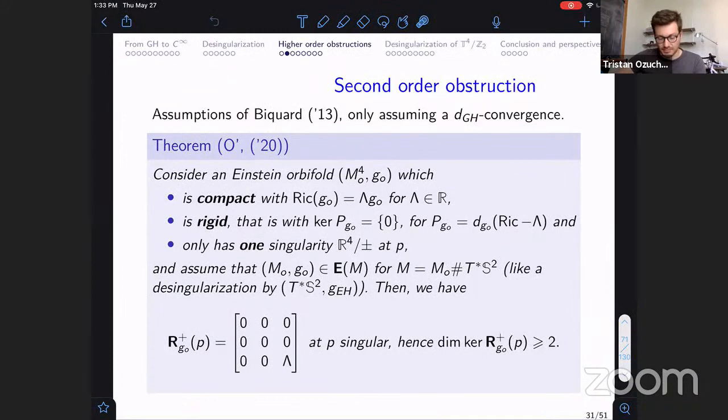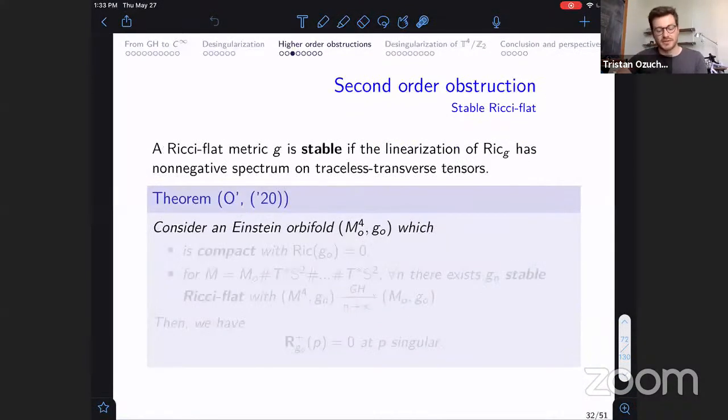Okay, so that's under these assumptions. And if I look at another type of desingularizations, by Ricci-flat and stable metrics, I have a bit of a stronger result. So I can drop several assumptions. I can drop the fact that my orbifold has to be rigid, and I can drop the fact that there is only one singularity.